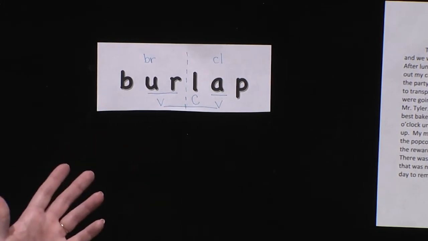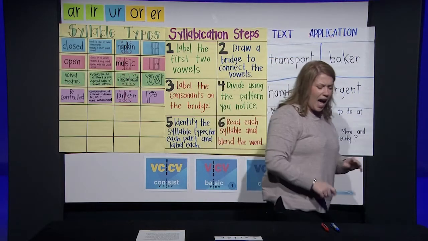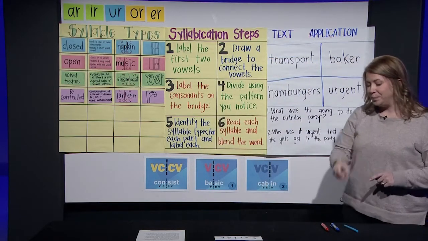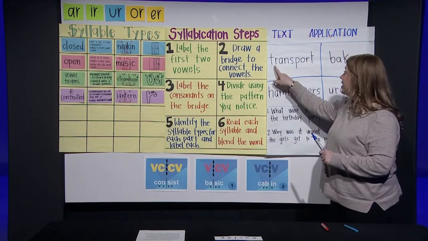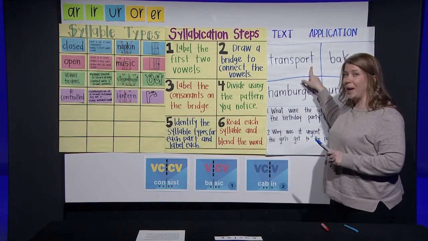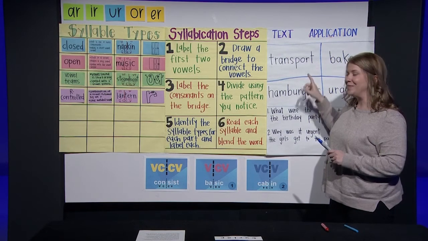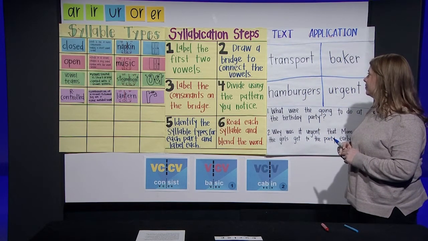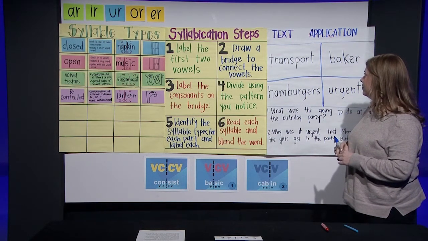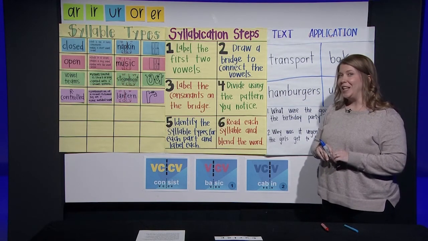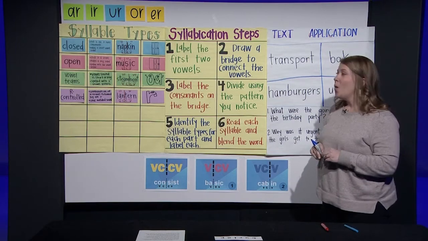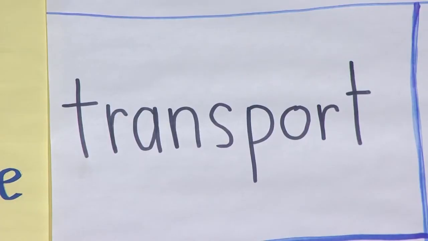Let's practice some more words together that we may see in text. I need you to get a piece of paper so we can do this together. When you write this word on your paper, I'll be ready to start. Great. Let's start with step one. What does step one ask us to do? That's right.